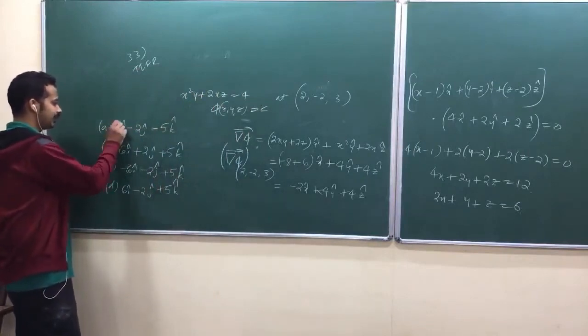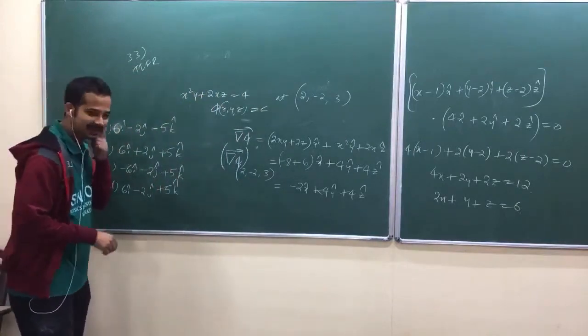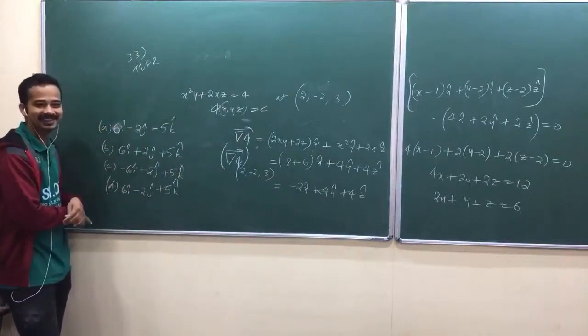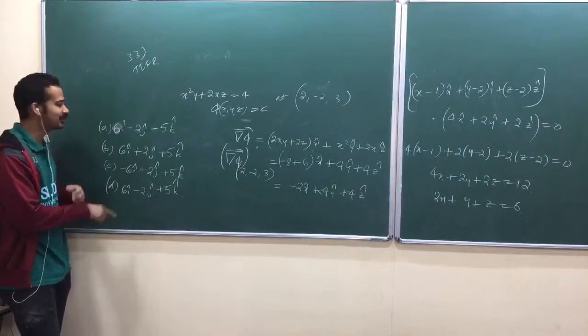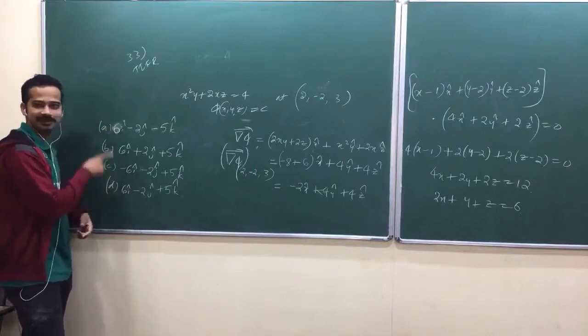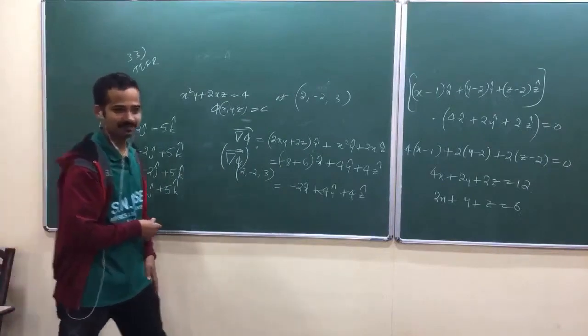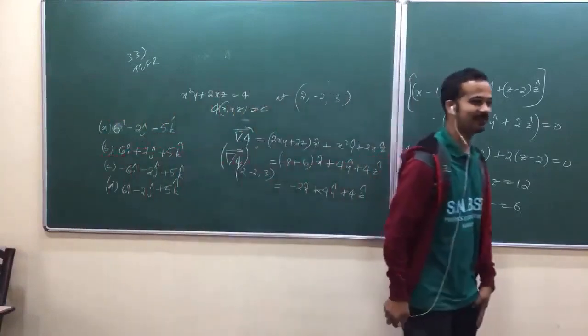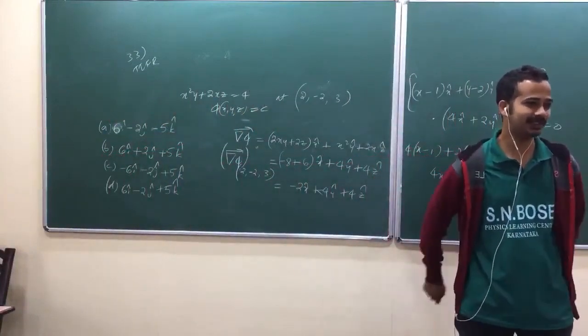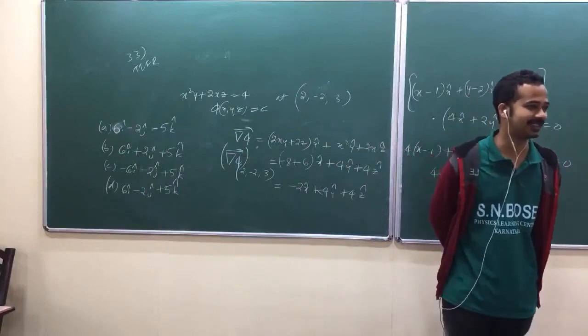Then again, look at here, they will keep their answer in option D. Isn't it? So that you start with this one, you spend some time to get your answer by trial and error. That is the psychology. If I design the question, I would also do that, isn't it?